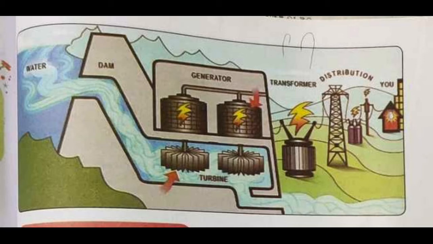The same water which has kinetic energy reaches the turbine and rotates the turbine. The other part of the turbine is connected to a generator where electricity is produced, which is transferred through distribution to our houses.